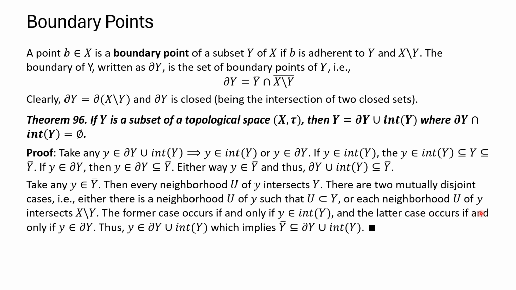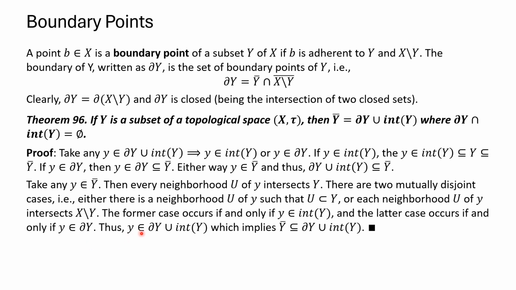And the latter case only occurs if y is in the boundary. In other words, because we had that every neighborhood U of y intersects Y, and if each neighborhood U of y also intersects the complement of Y, then of course it would have to be in the boundary, following the definition of the boundary up here.